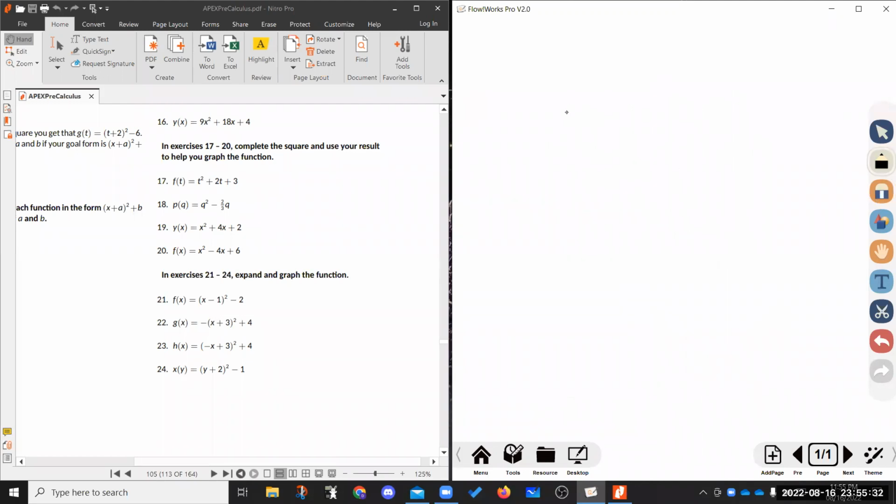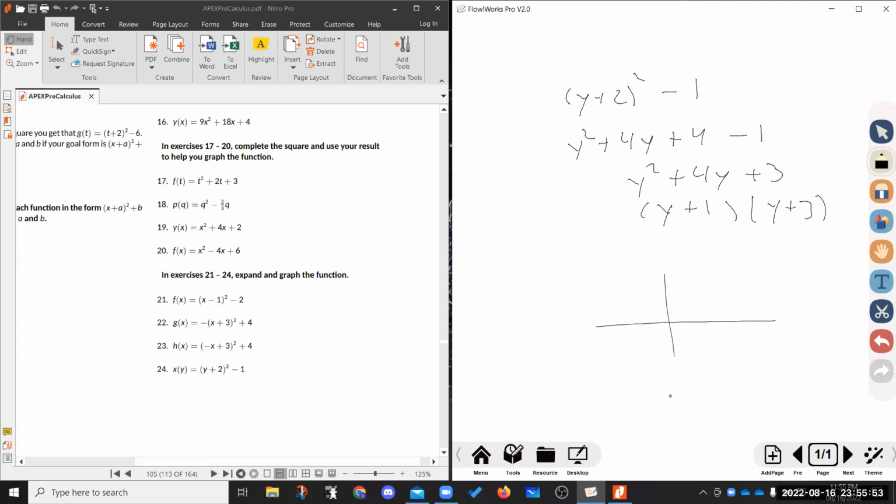One last problem here. Y plus 2 squared minus 1. Y squared plus 4y plus 4, minus 1, is y squared plus 4y plus 3. That breaks down into y plus 1 and y plus 3. That helps me get some x-intercepts.